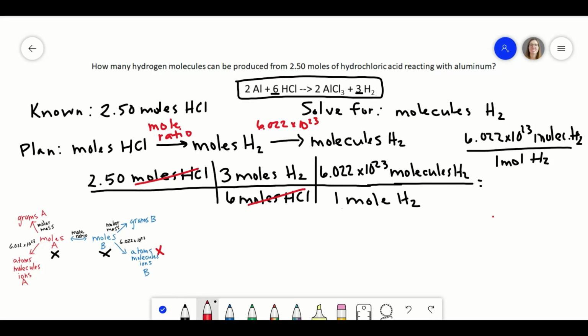And when we do that, our moles of H2 cancel because moles of H2 was in the numerator, and then we multiplied it by a factor that had moles of H2 in the denominator, so they cancel, and we're left in units of molecules of H2, which is exactly where we want it to be. So next, we'll plug this into our calculators.